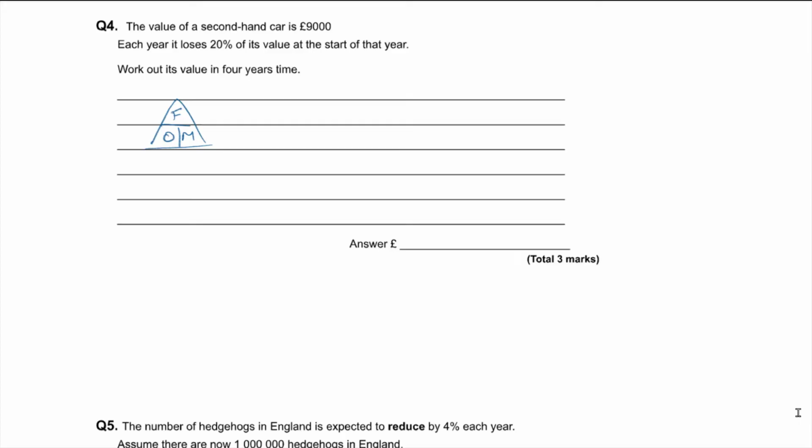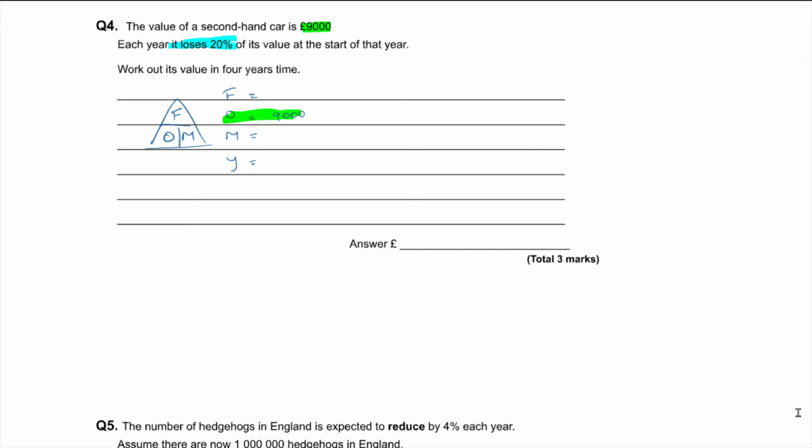So let's work out what we've got here. The value of a second-hand car is £9,000. So that is, what's that? Final, original, multiplier, years. What have we got here then? So that 9,000, that is the original, isn't it? So that goes there. Each year it loses 20% of its value.